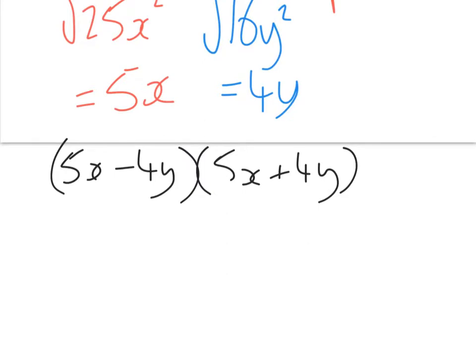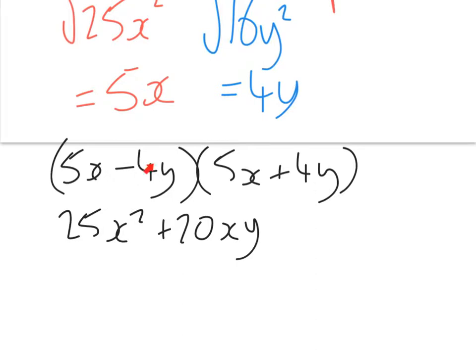So 5x multiplied by 5x is 25x squared. And 5x multiplied by 4y is going to be plus 20xy.